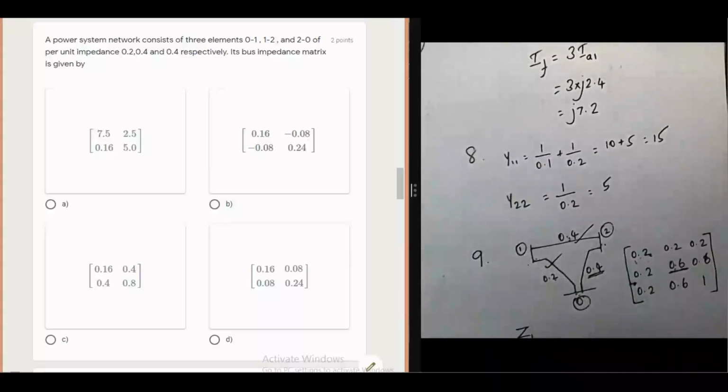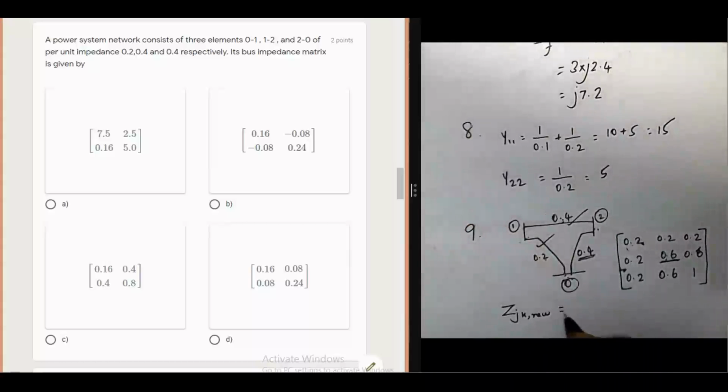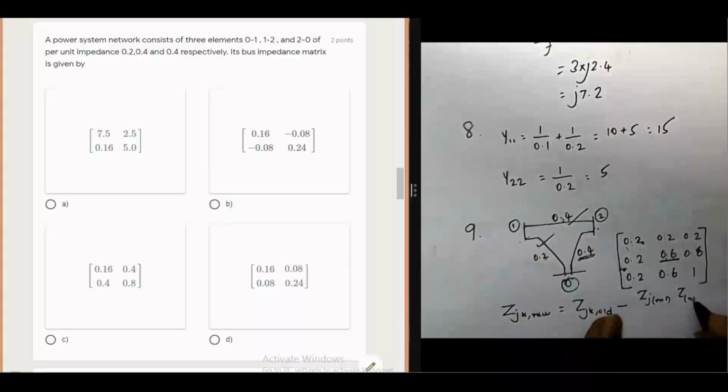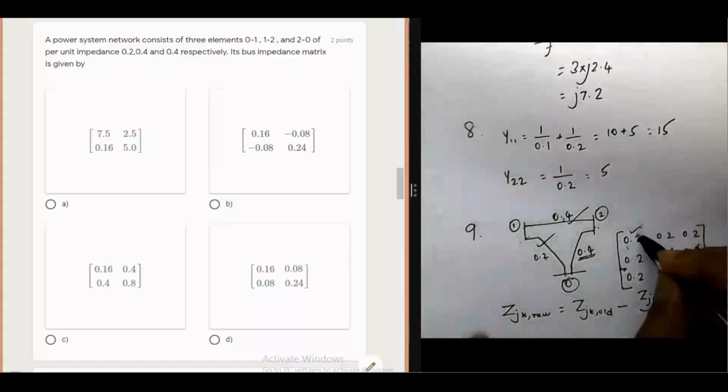The elimination formula is Zjk new equals Zjk old minus Zj(n+1) into Z(n+1)k divided by Z(n+1)(n+1). Let me find the new value.